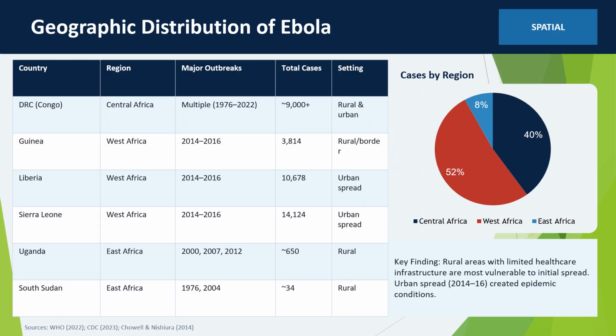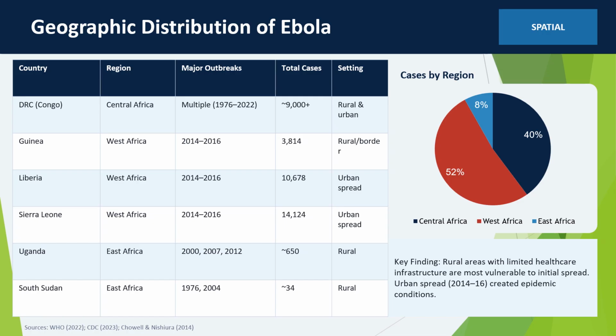This slide shows the geographic distribution of Ebola outbreaks, satisfying the spatial requirements of this assignment. The table summarizes the countries most heavily affected.